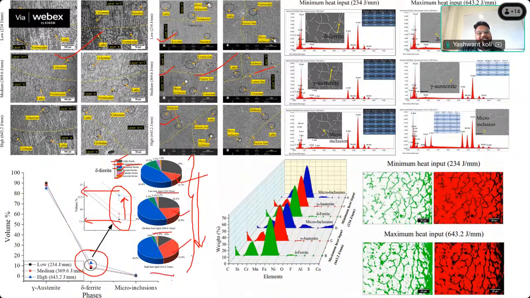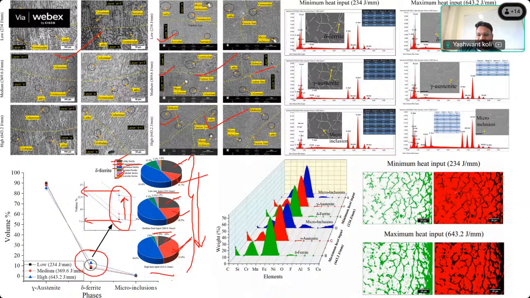As we are increasing the heat input, vermicular ferrite morphology is increasing, and comparatively this black is the lathy ferrite, which is reducing. So that we can justify with the optical micrographs or FESEM images.